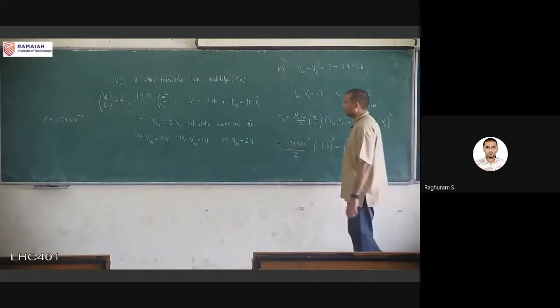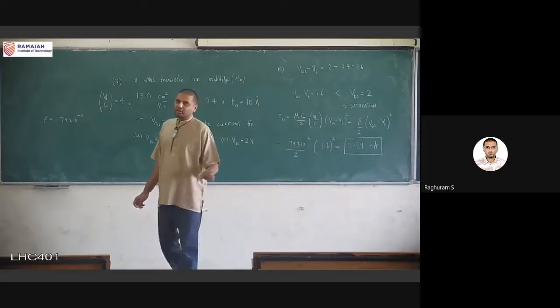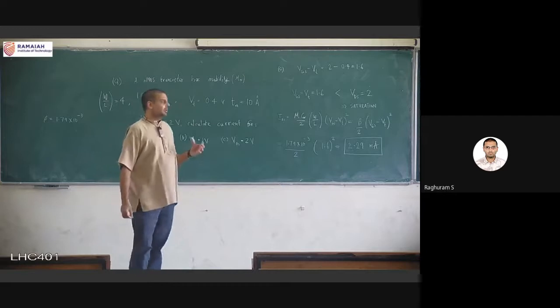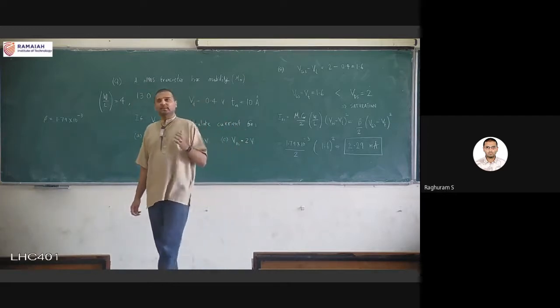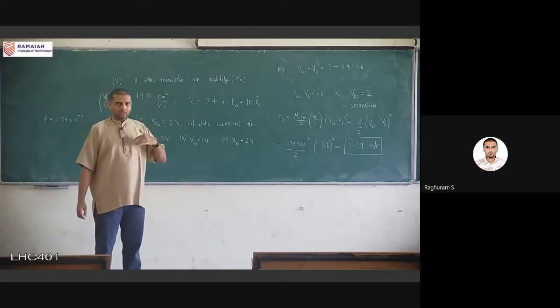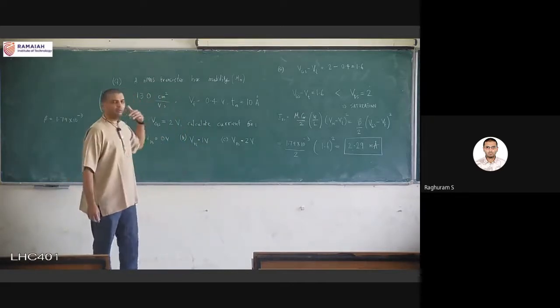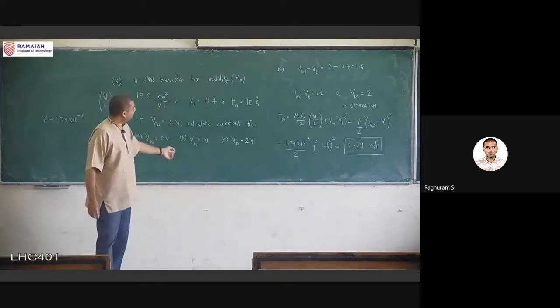So this is the current that is flowing through the transistor in the saturation region, and it also satisfies our general knowledge that current is more in the saturation region as compared to the linear region. So it went from 1.97 to 2.29, and you can have a few more parts.